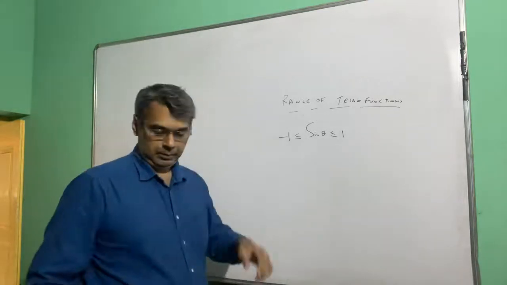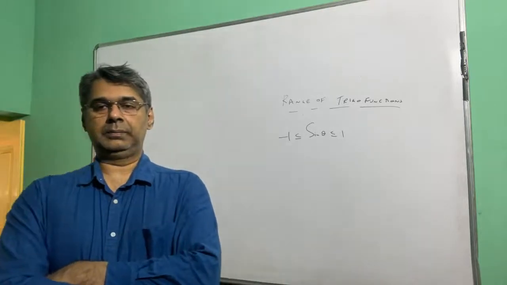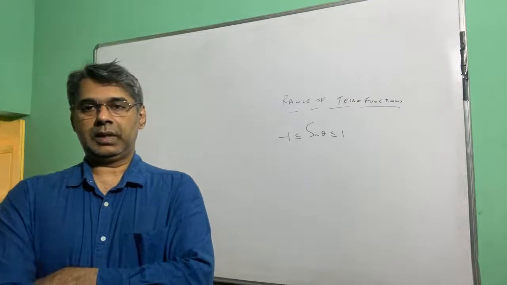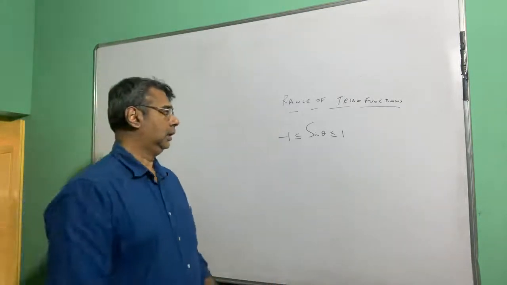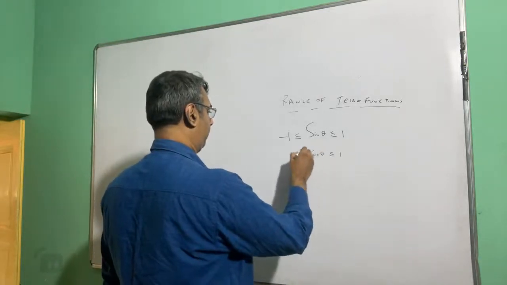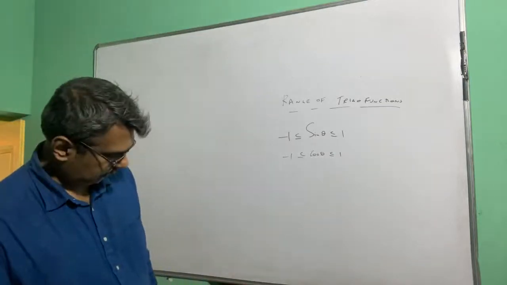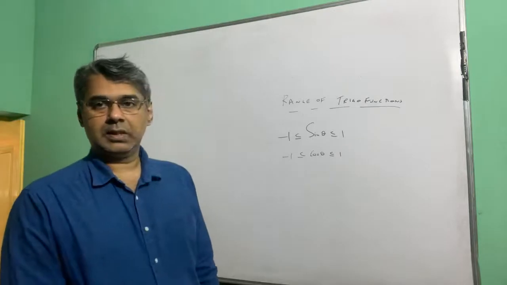So, as you all know that sine theta lies between -1 and 1, like the maximum value of sine theta is +1 and minimum value of sine theta is -1. Then cos theta lies between -1 and 1, just like sine theta.